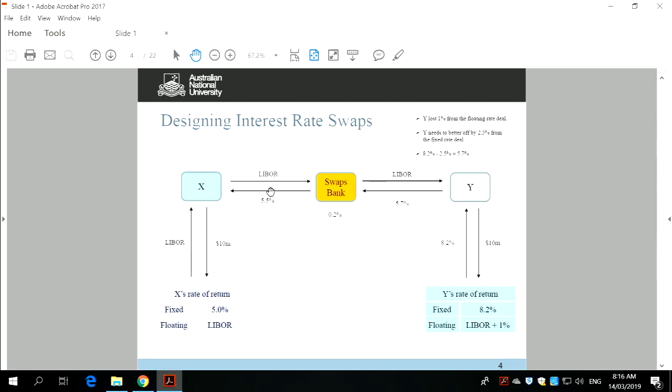But at the moment, X is paying Y LIBOR, which means the company Y is worse off 1% from the floating rate deal. Yes? Because Y on his own can get LIBOR plus 1.